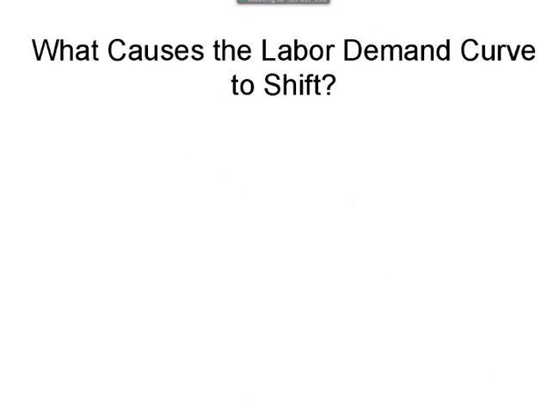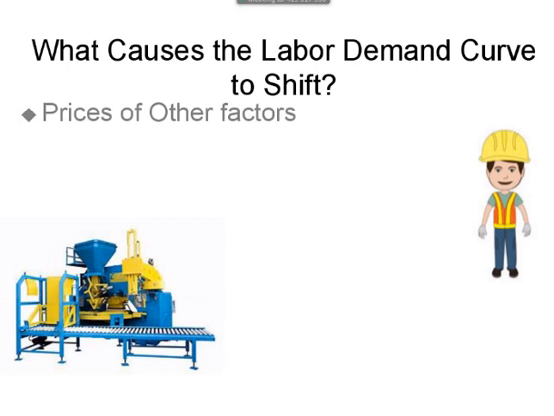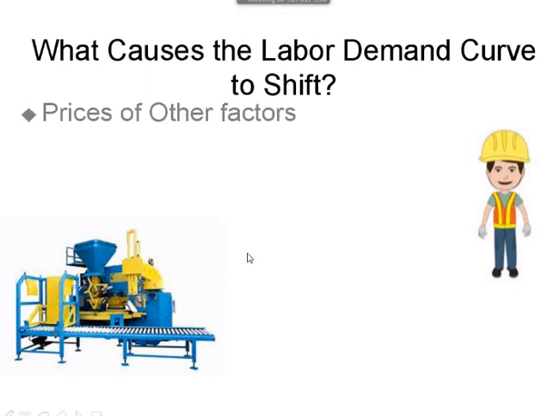Okay, then we have other factors. Here in this case we have labors, and sometimes labors are substituted with capital goods like machineries. Now, what if the price of capital goods or machineries goes down? Then labor would be relatively costlier.